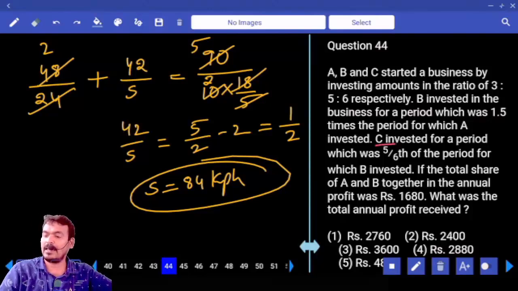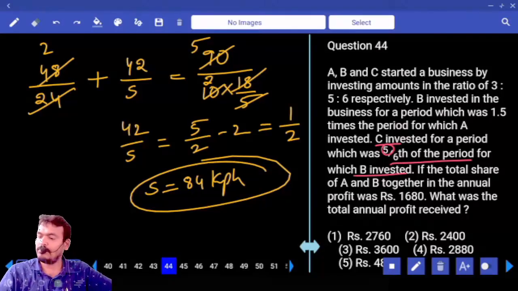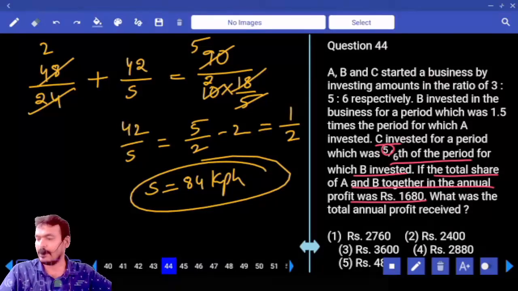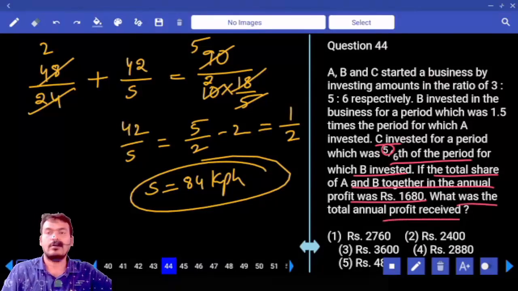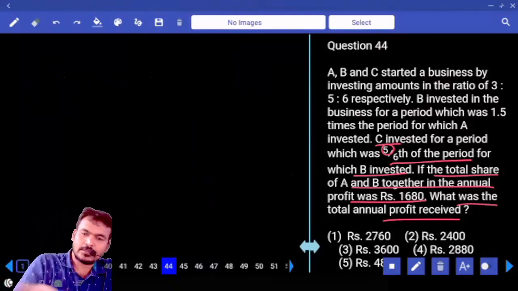So B's time is 6 parts and C's time is 5 parts. If the total share of A and B together in the annual profit was 1680, we require the total annual profit.